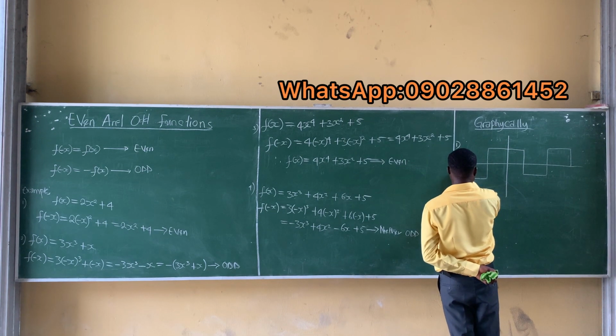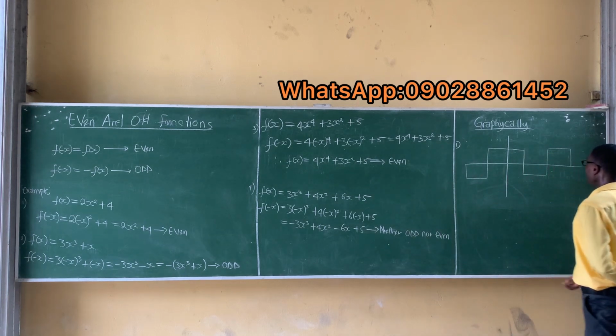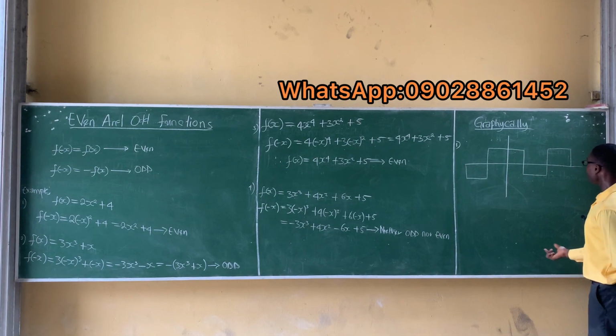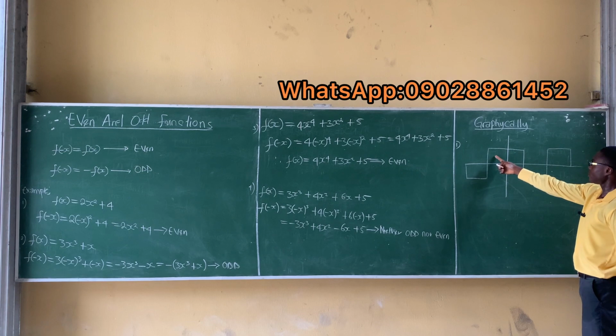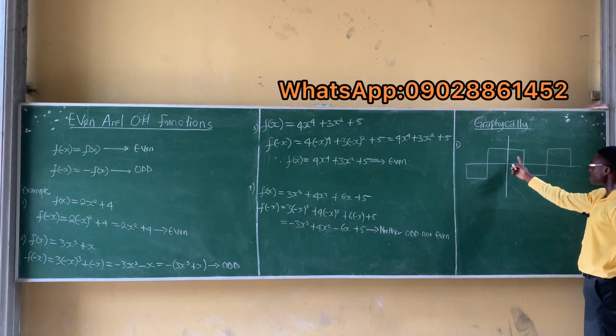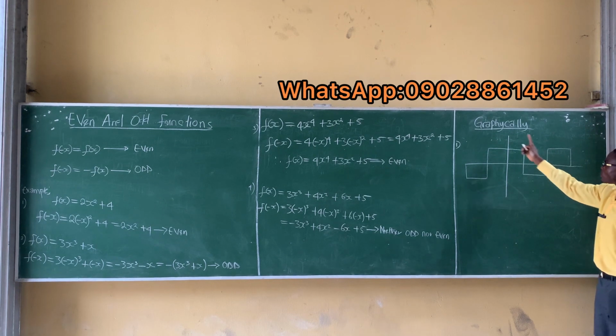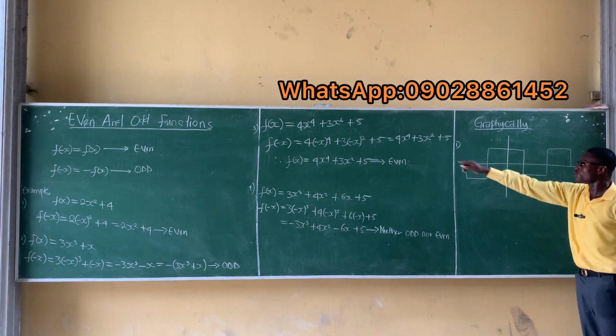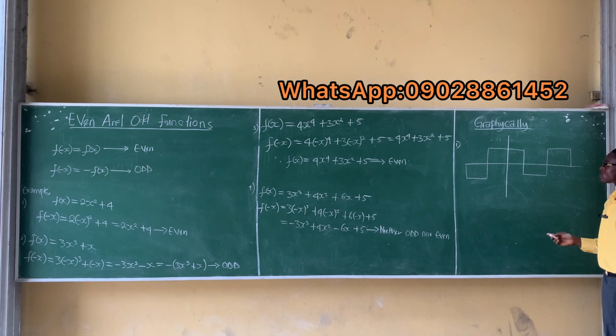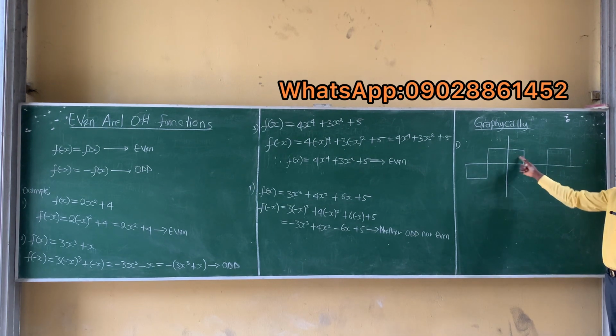Just like that. Now, if you observe, what I have here is what I have here. And what I have here is also what I have here. It means what I have here, I'm going to have it here if I should continue this. So you see that this is symmetric about the y-axis.